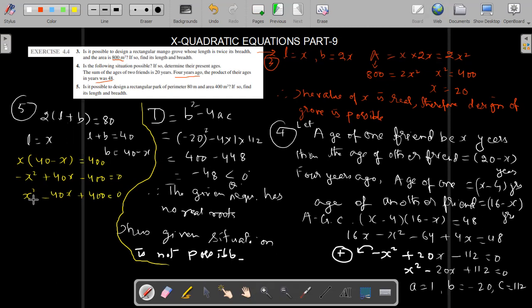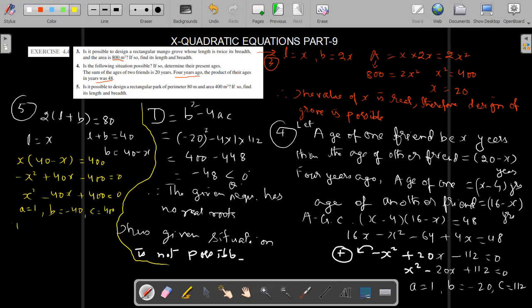Now find the discriminant. So a is equal to 1, b is equal to minus 40, and c is equal to 400.